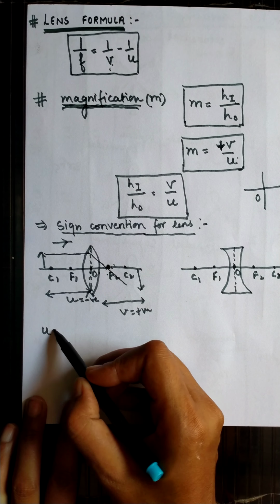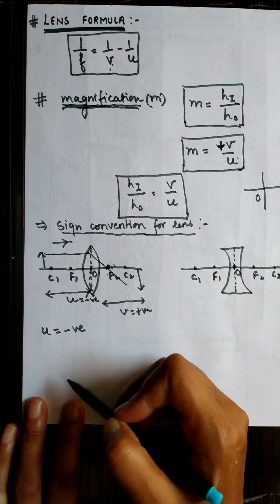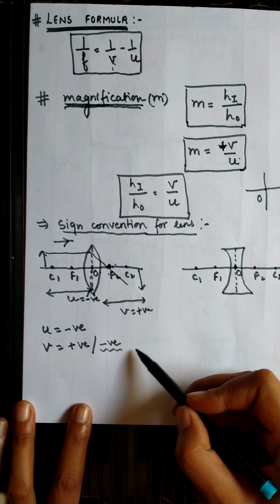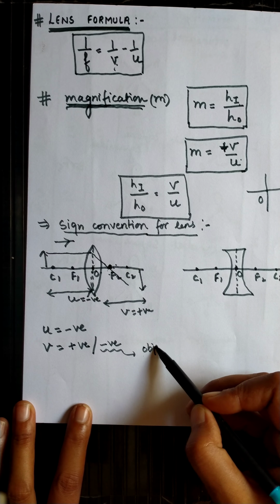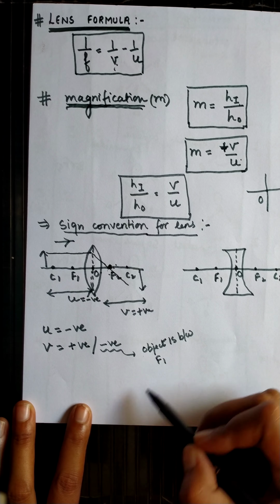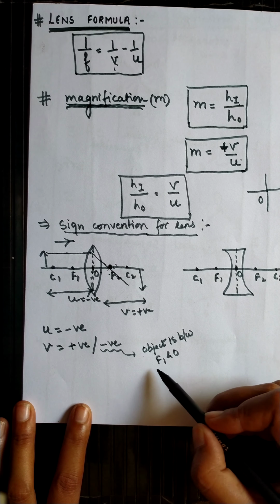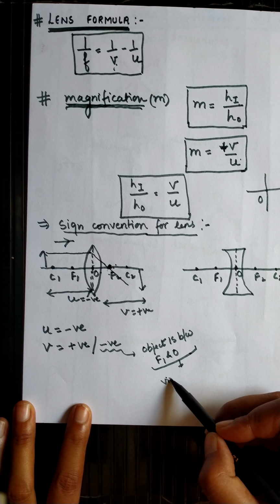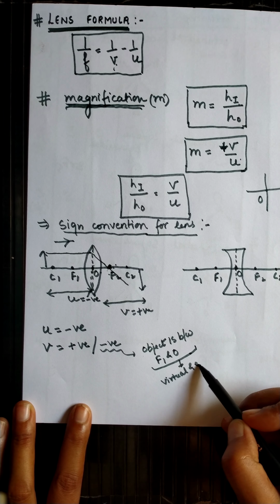So students, what is the sign convention? The value of object distance from the lens you always have to take negative. The value of v will be positive for most cases, and for one case, when the object is between focus F1 and optical center, the image formed will be virtual and erect.